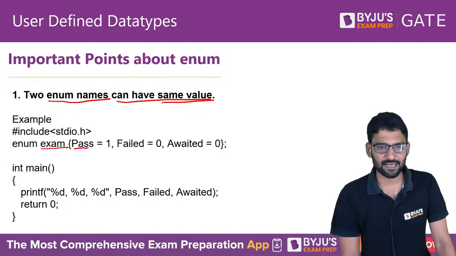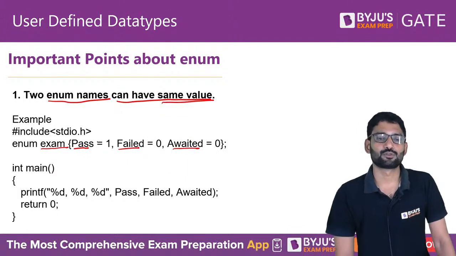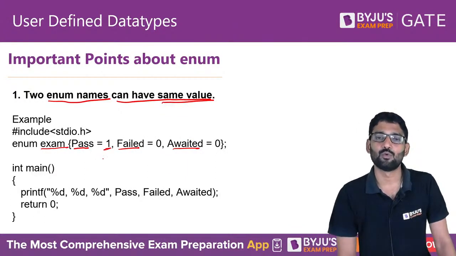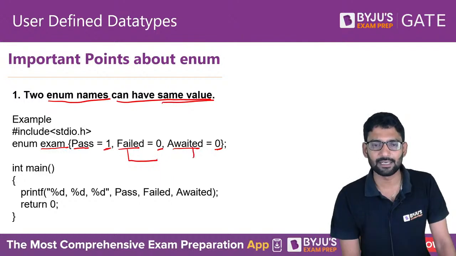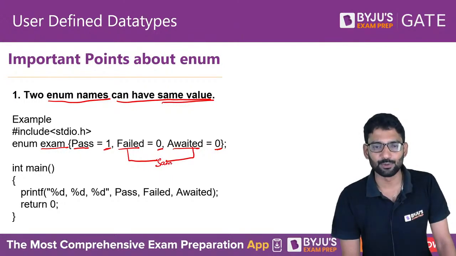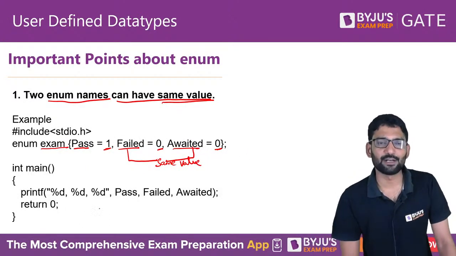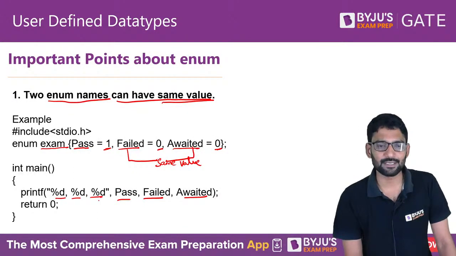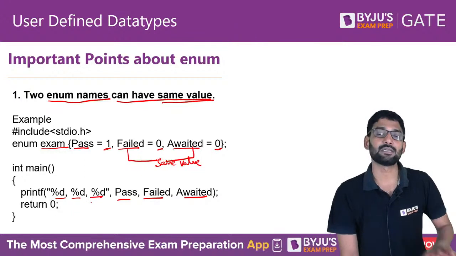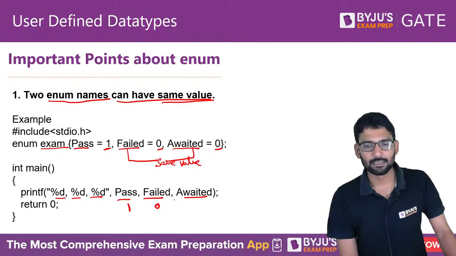And what are the names I have given? Pass, failed, awaited. For pass, what value have we given? 1, and failed we have assigned 0 and awaited 0. So failed and awaited are getting the same value. So it is valid. And whenever you try to print these values, with what format specifier? Always percentile D, because it is integer. So what values would be printed? 1, 0, 0.